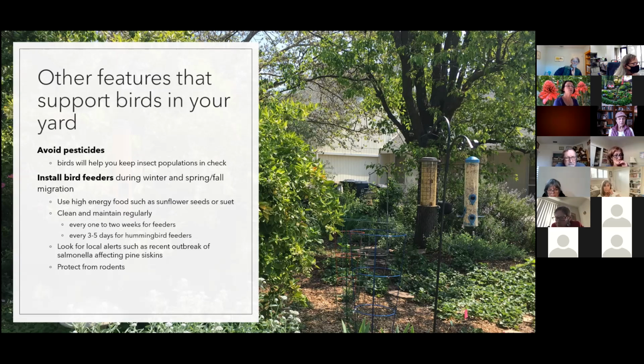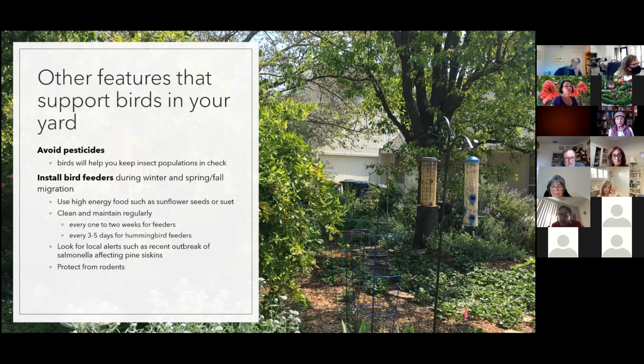So here's some bird feeders in our yard. So you want to use high energy foods such as sunflower seeds. You want to really maintain them and clean them out regularly to prevent some sort of diseases coming up there. And if you use the hummingbird feeders, those red feeders with the sugar solutions, they should really be cleaned every 3 to 5 days to stay clean of germs and so on.